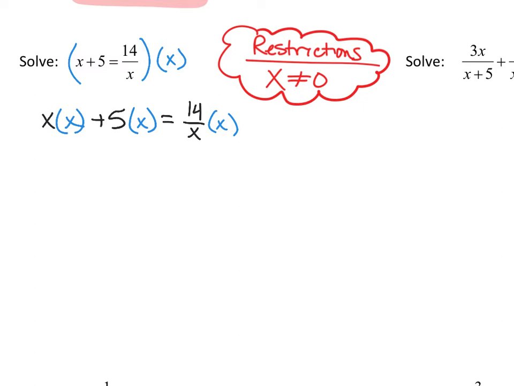So if we do this multiplication, we're going to end up with x squared plus 5x equal to 14, because this numerator and denominator are going to cancel out. Easy peasy.